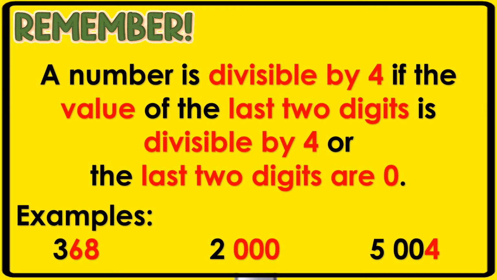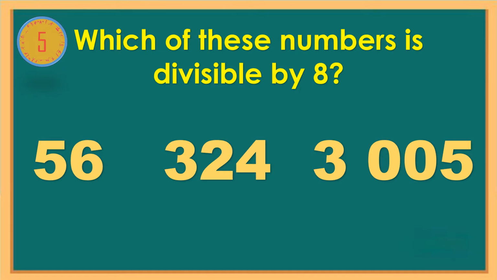Remember, a number is divisible by 4 if the value of the last two digits is divisible by 4 or the last two digits are 0. Examples: 368, 2000, 5004.